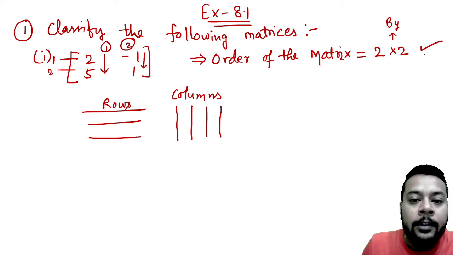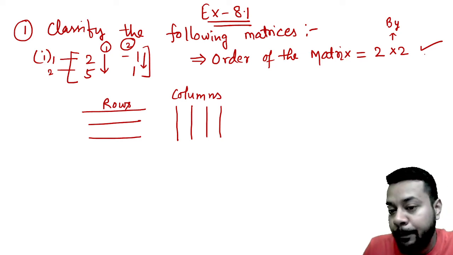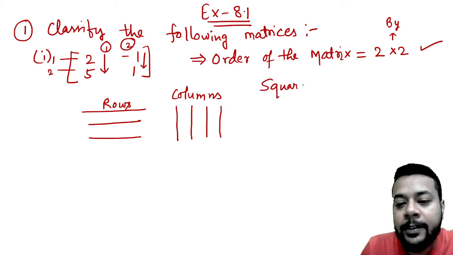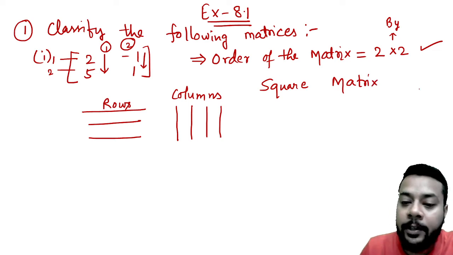Now, what will be the name of such type of matrix? This type of matrix is known as a square matrix.